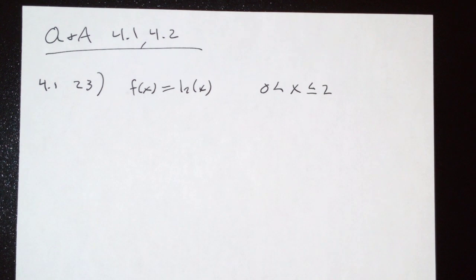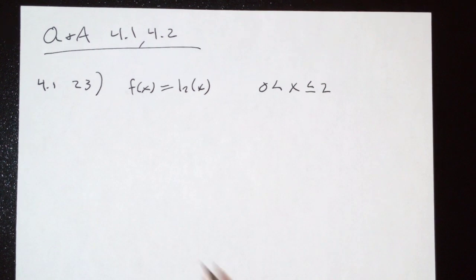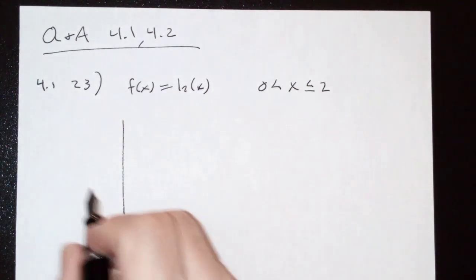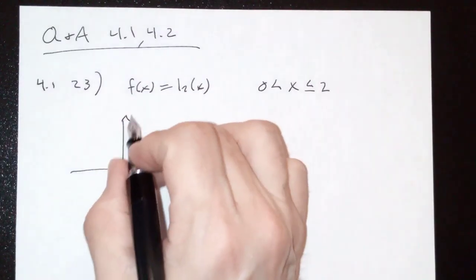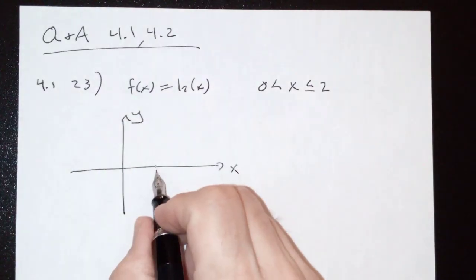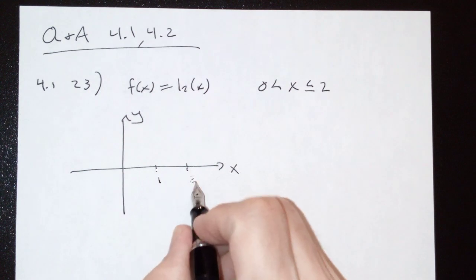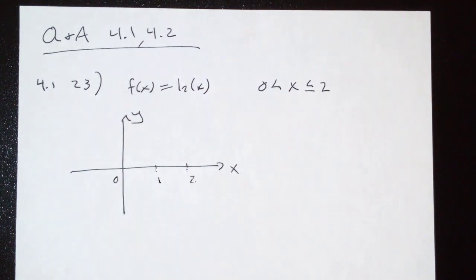What's the graph of this function look like? I need at least at the base level an understanding what the graph of ln of x looks like, or I need my graphing device. Draw me a picture.